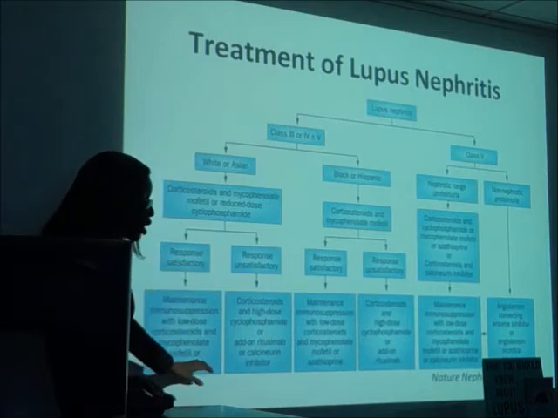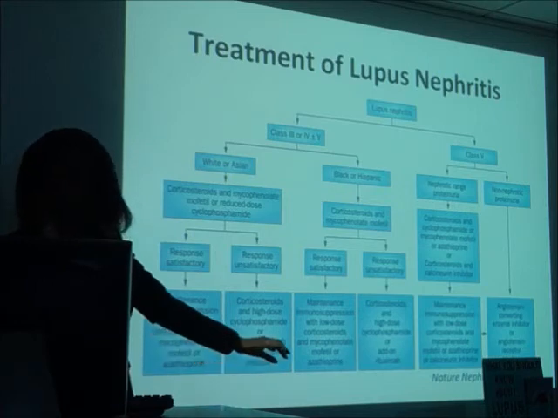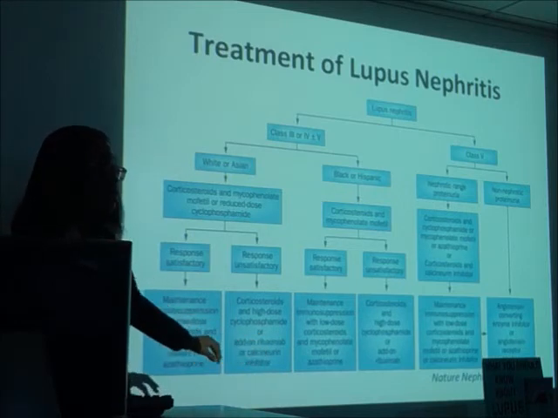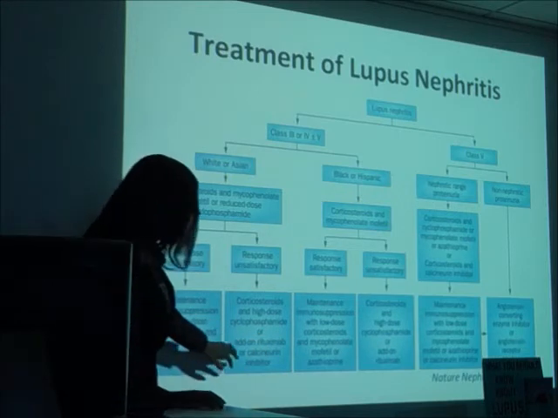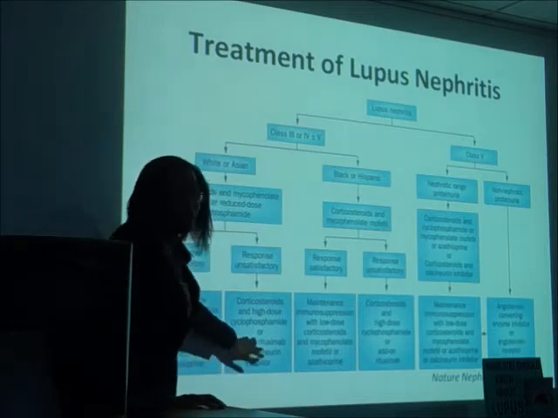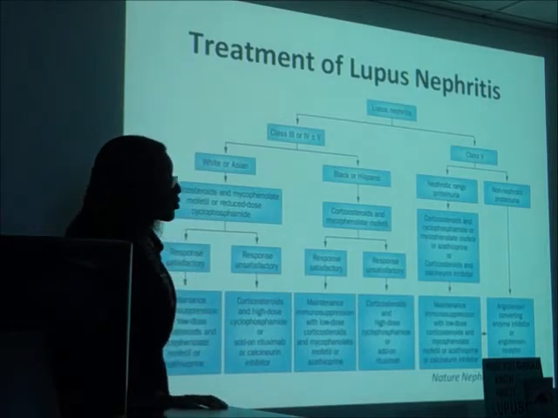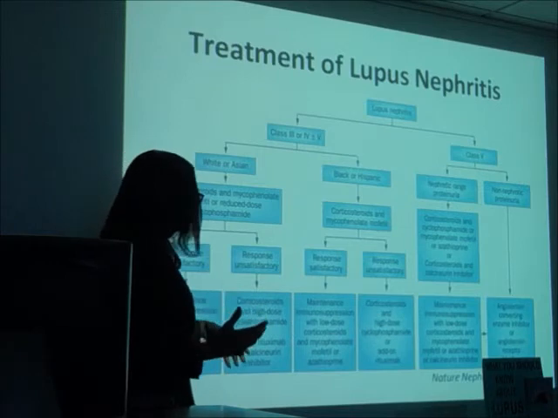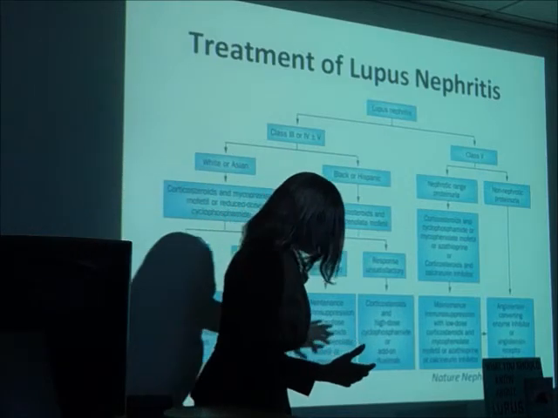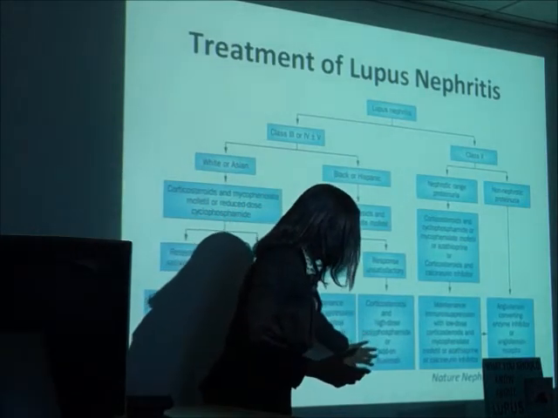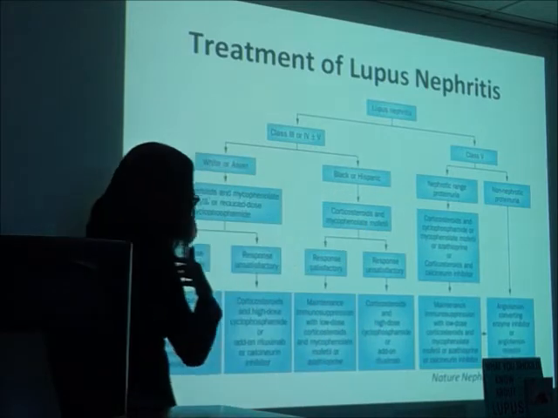And in fact, there's a trial that's beginning to evolve. Do you know about the rituximab? Yeah. There's a trial that's beginning to evolve that's trying to look at using rituximab and maybe less of steroids. But it's early days yet. And so, cyclophosphamide, rituximab, the mycophenolate.